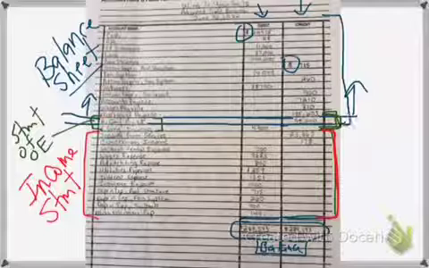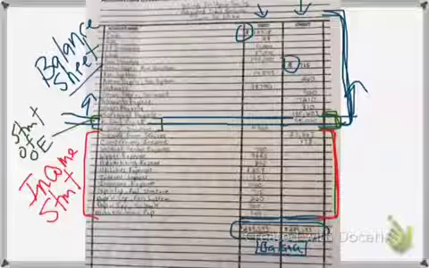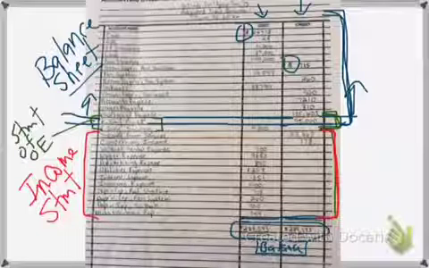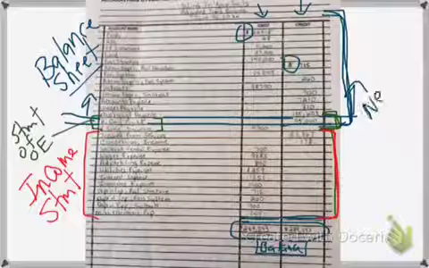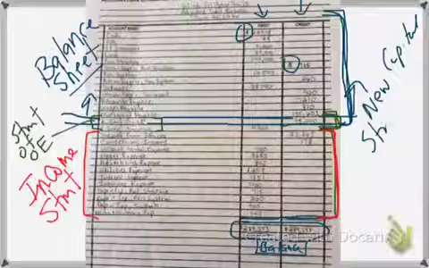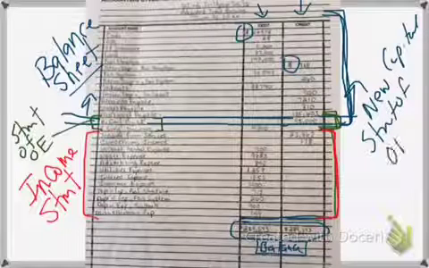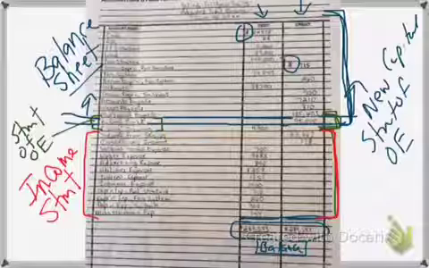And the balance sheet is actually going to span all the way down, and it's going to have all of those accounts that are above that line, plus it is going to have the new capital balance that comes off of the statement of owner's equity. So once we find the amount on the statement of owner's equity, it will move up to that balance sheet as well.